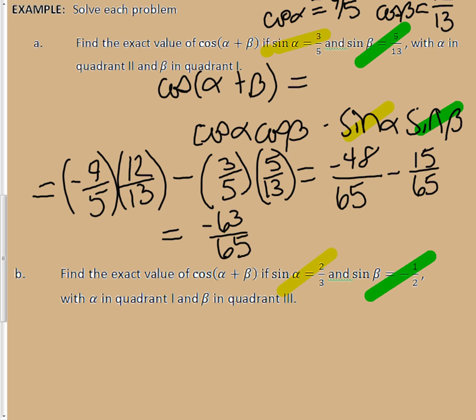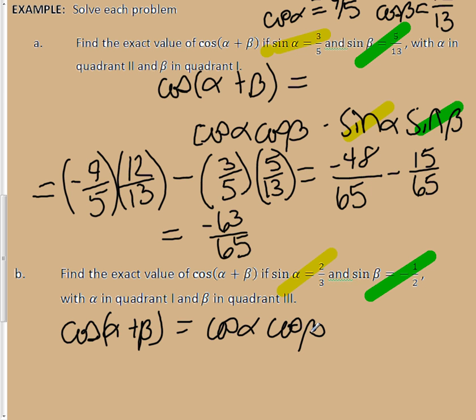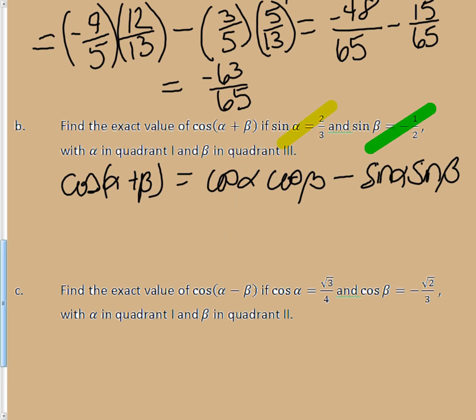That way, I can find the cosine of alpha plus beta, which is equal to the cosine alpha, which I need to find, the cosine beta, which I need to find, minus the sine alpha, sine beta, which I have both of those values. So I'm going to let you guys do that, and I'll give you the answer.